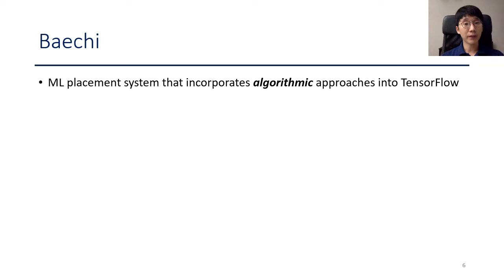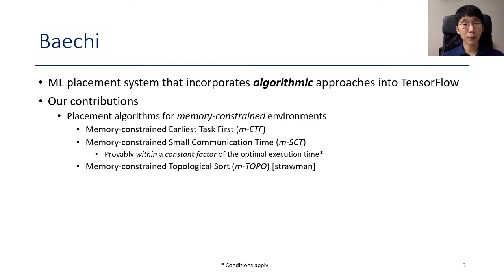In this paper, we return to our roots and apply algorithmic approaches to the placement problem. We present Baechi, an ML placement system that incorporates algorithmic approaches into TensorFlow. Our contributions are twofold. First, we propose 3 competing placement algorithms.